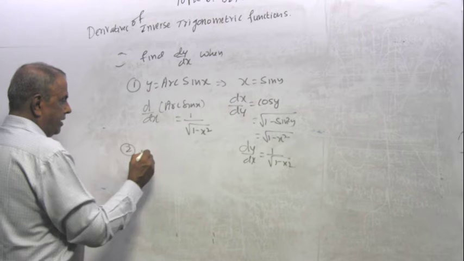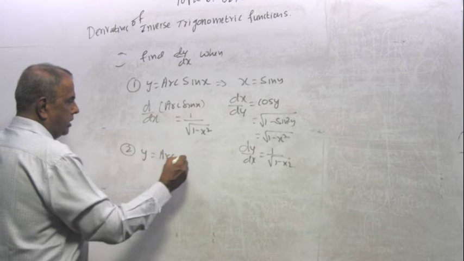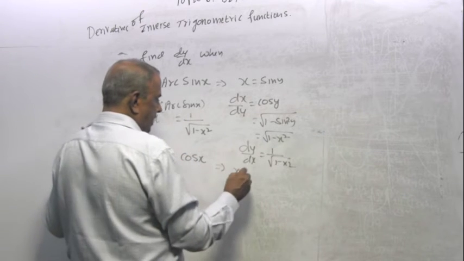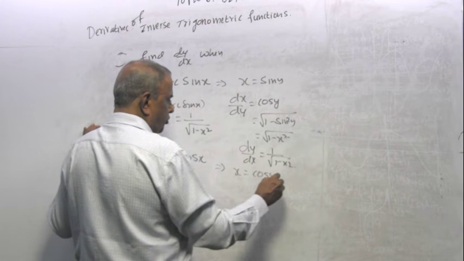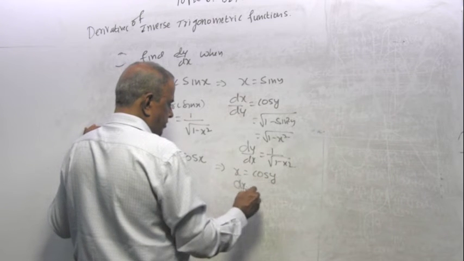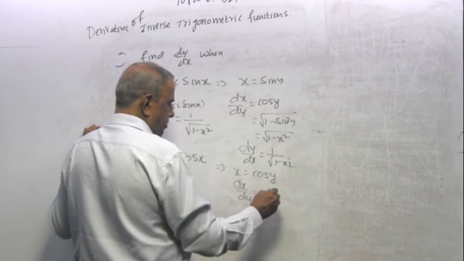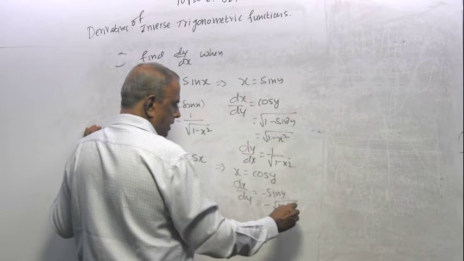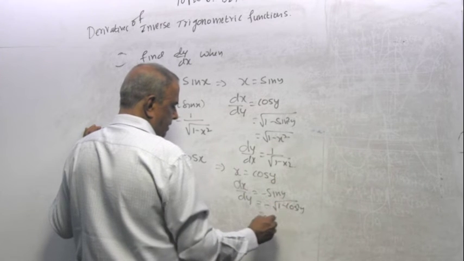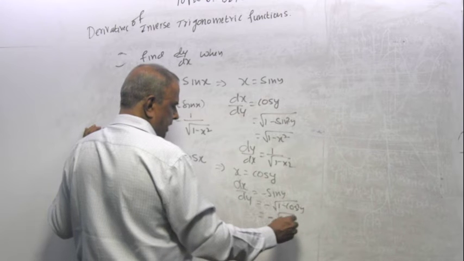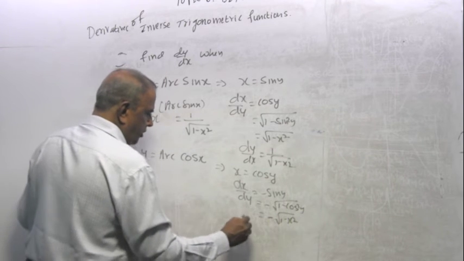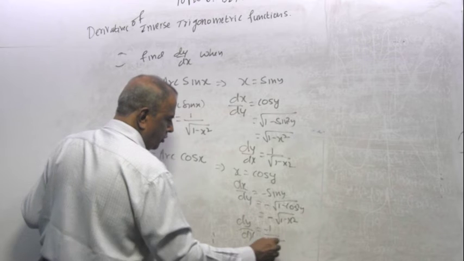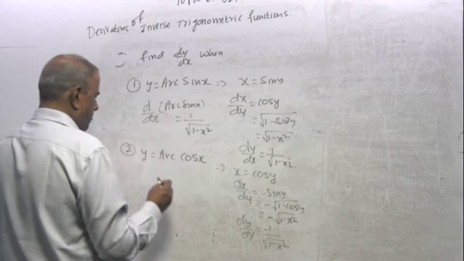Suppose you take y equal to arc cos x. So I can say x equal to cos y. Dx by dy is minus sin y, which is minus root 1 minus cos squared y, which is minus root 1 minus x squared. So dy by dx is minus 1 over root 1 minus x squared.